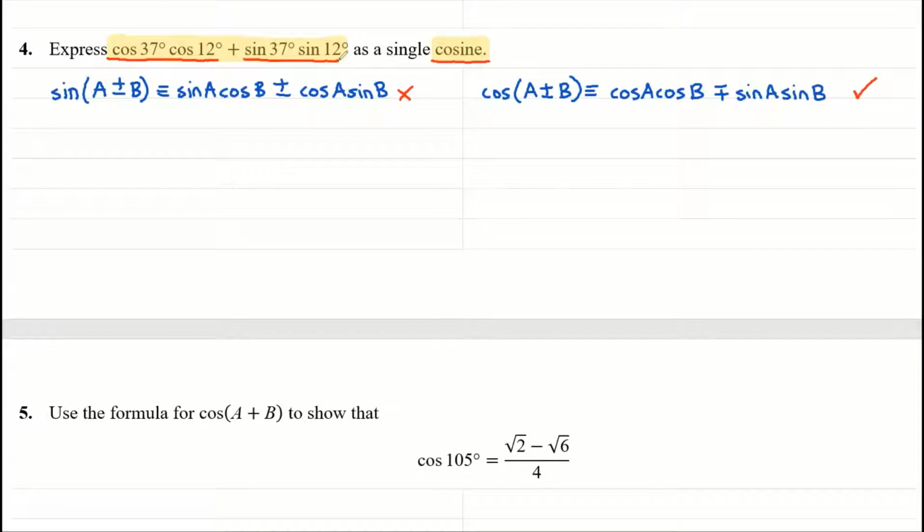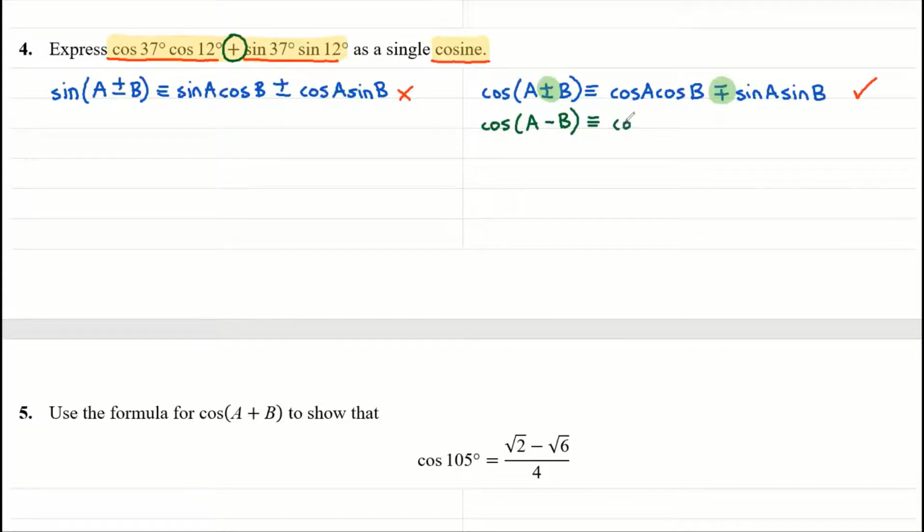Now, if we go over to the identities that we've whittled down, we've got the two cosine identities here, and we look at the sign in the middle. If the sign is going to be positive, then I need the cosine of a subtract b for this. So I'm just going to write out the identity that I'm going to use. So we're going to need the cosine of a subtract b because that's the identity that has the addition in the middle, which is what we need.